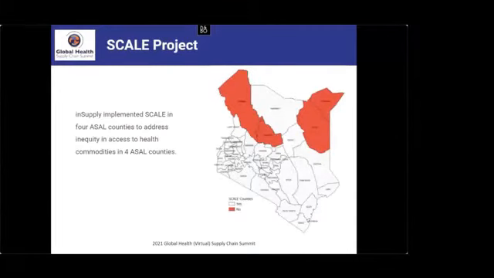We look at the SCALE project. SCALE stands for Supply Chain Alternatives for Last Mile Equity. Through the support from the Bill and Melinda Gates Foundation, SCALE is implemented in Samburu, Turkana, Wajir, and Mandera counties, as you see on the map. The project is aimed at strengthening supply chain management at the community level and ensuring availability of commodities for the last mile.